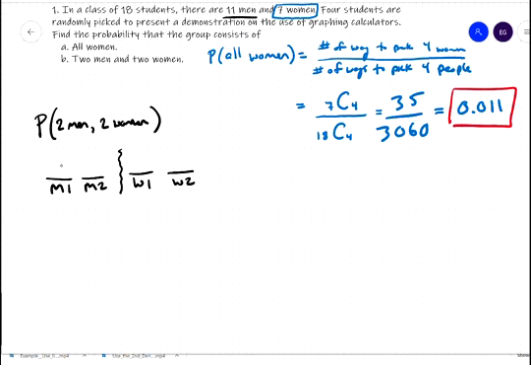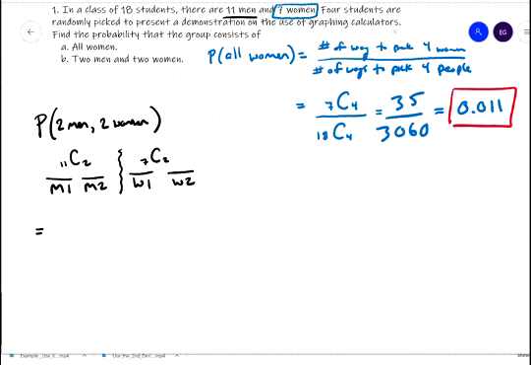So this would be out of 11 men, we're picking 2 of them. And then for the women, out of the 7 women, we're picking 2 of them. And so the multiplication rule, the fundamental counting rule says we multiply these 2 values. For each one of these options for the men, that could be linked with any one of these options for the women. So we're going to multiply these 2 numbers together. 11 combination 2 times 7 combination 2.